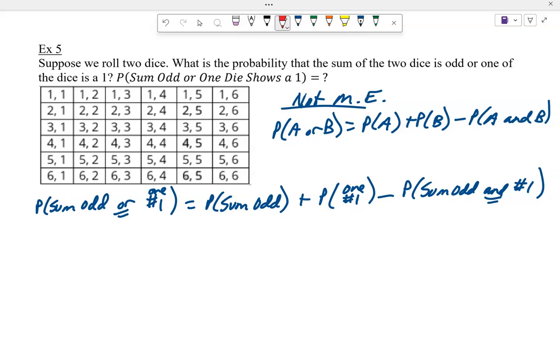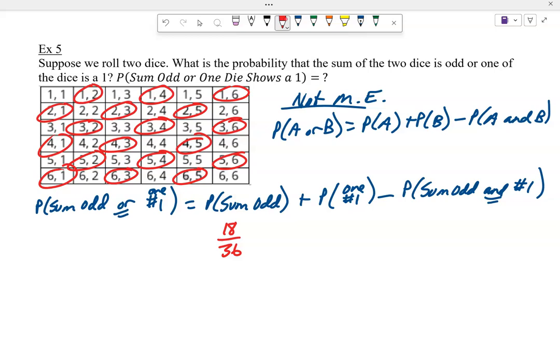All right, so how many of these are odd? That was the 18 of them. 18 odd possibilities out of 36. So 18 out of 36.